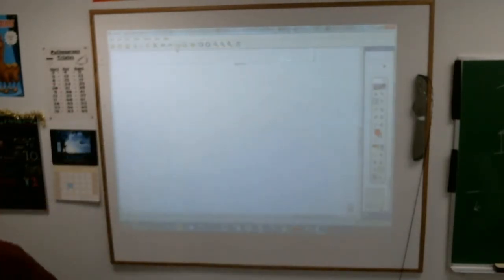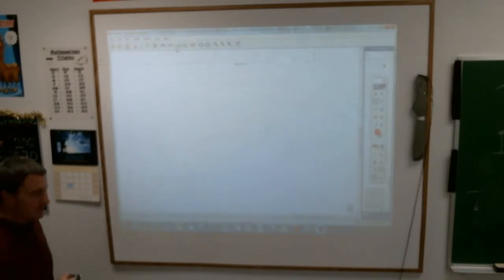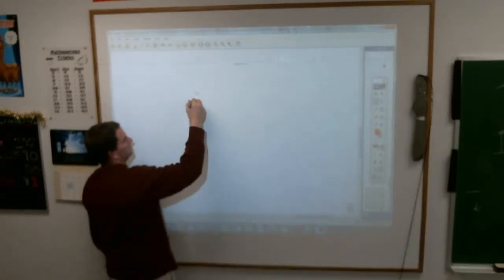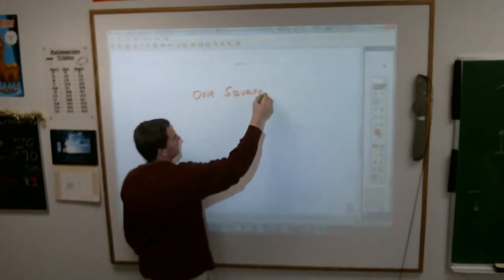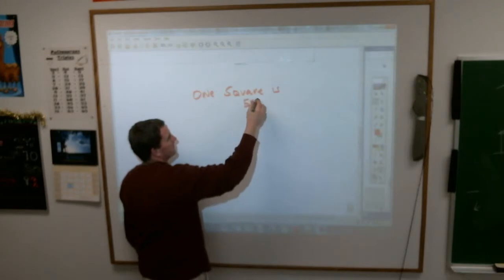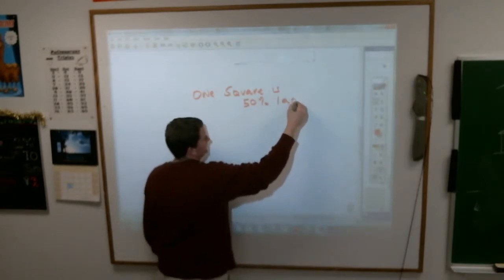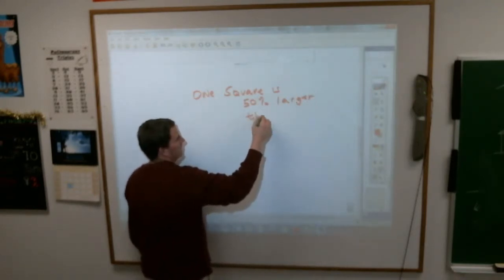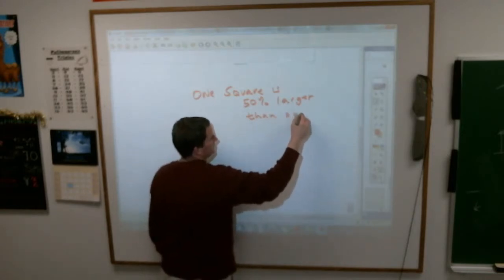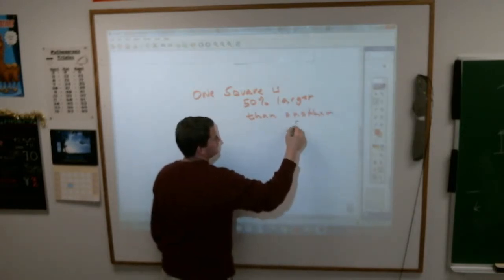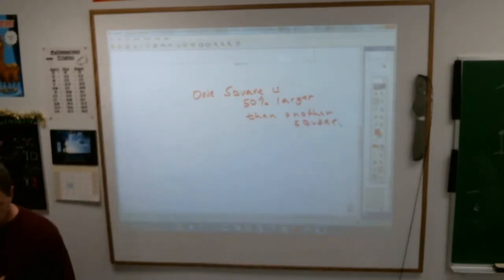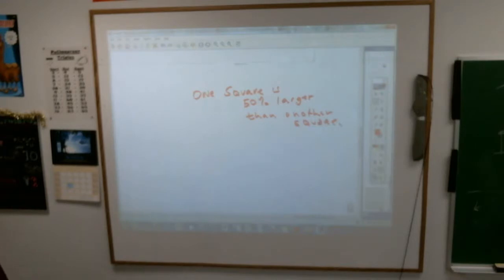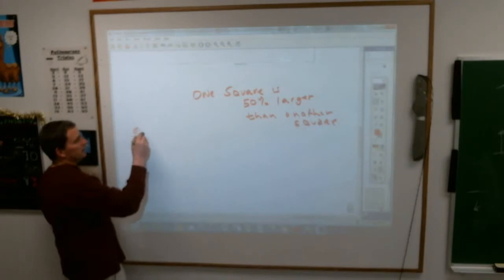So write down this problem here. One square is 50% larger than another square. Three questions I'm going to ask you. The perimeter of the larger is what percent of the perimeter of the smaller? Okay.